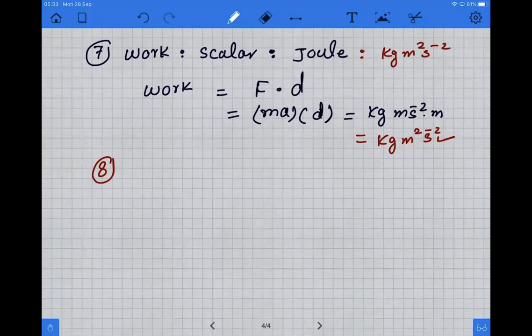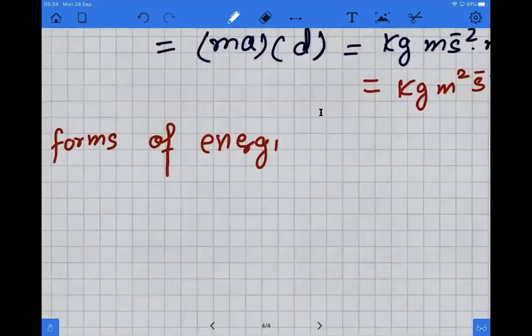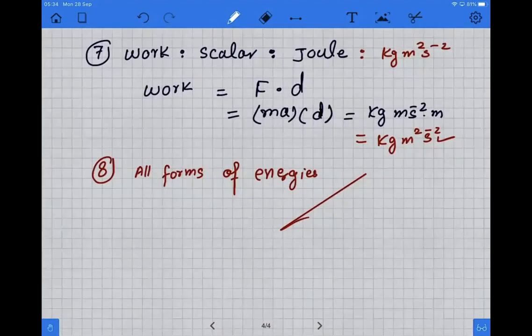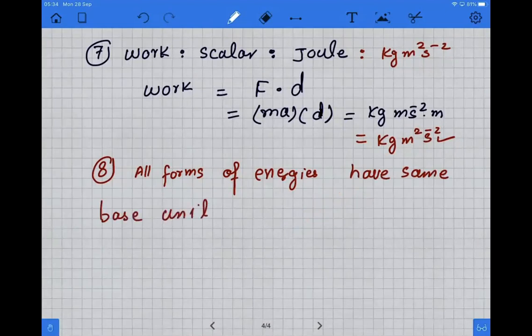All forms of energies have the same base units as work.